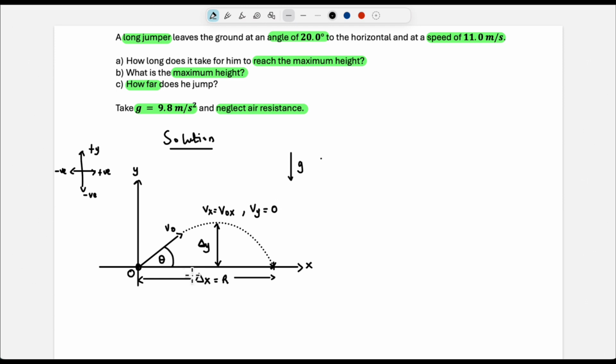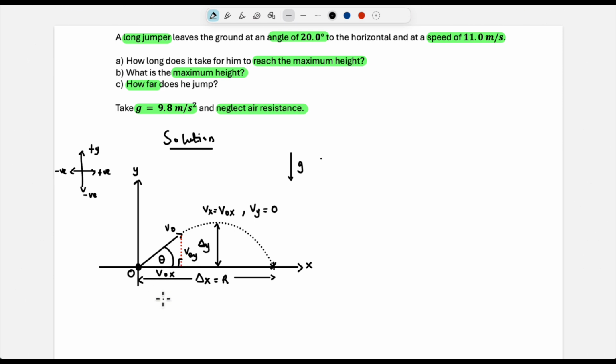Now we need to resolve this initial launch speed into horizontal and vertical components for the motion respectively. To do that, we need to see that this is a vector pointing in the direction of theta. We can develop a right triangle from this point down to that point. So we can have that side to be our V0y and then we will have V0x. You can see a right triangle with the hypotenuse V0, the opposite side V0y and the adjacent side V0x.